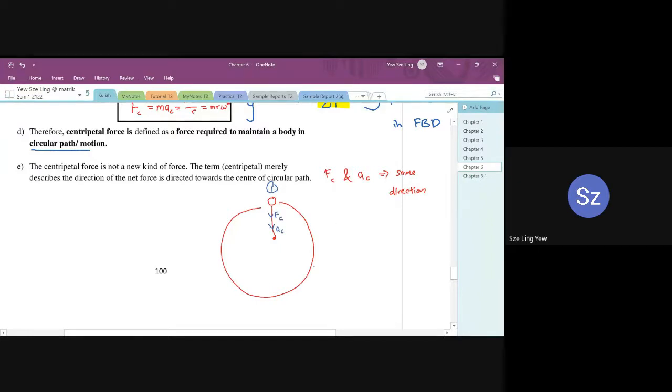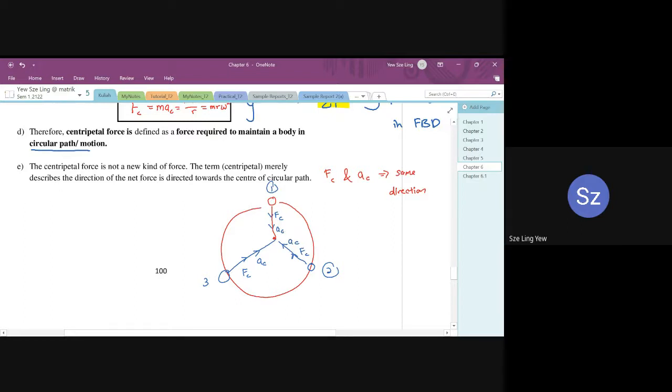If your object is located here, let's assume this is position number 2, same thing happens. ac towards center, Fc towards center. So the directions of your ac and Fc are always changing. As your object rotates, the directions of ac and Fc keep changing.